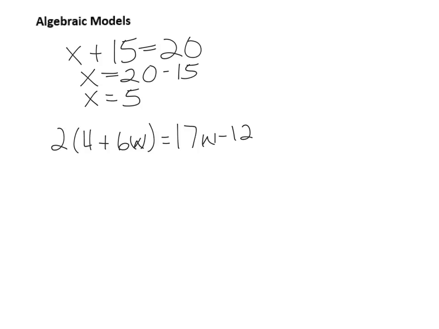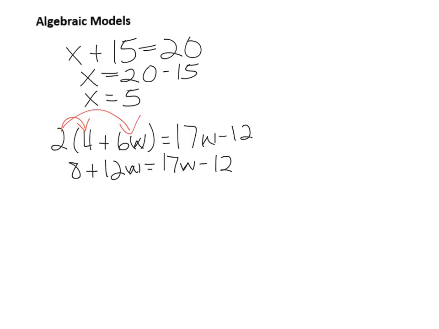So it's up to you. And I'm going to try to get all the variables to the right side for this. But before I can do that, I've got to do the distributive property or distributive law. And so I would do 2 times 4 equals 8, 2 times 6w equals 12w, and so I get 8 plus 12w equals 17w minus 12.